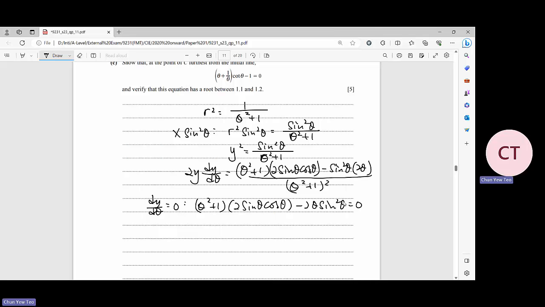Now I just divide everything by 2 theta sine square theta. Okay, so I divide everything by 2 theta sine square theta. Then I get this.